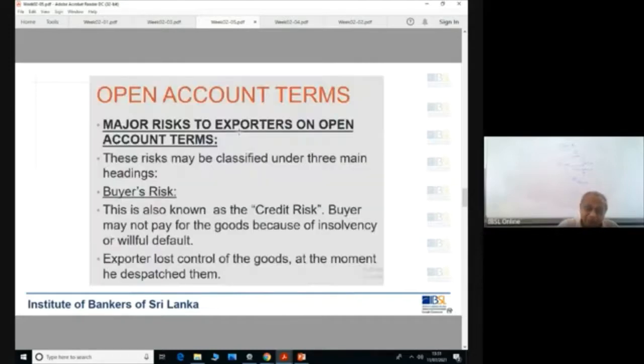Okay. In open account, now you see here, the exporter is sending goods to the buyer and the buyer will send the money, but there are major risks to the exporters on open account transactions. Right? This risk we can categorize into three. One is buyer's risk.